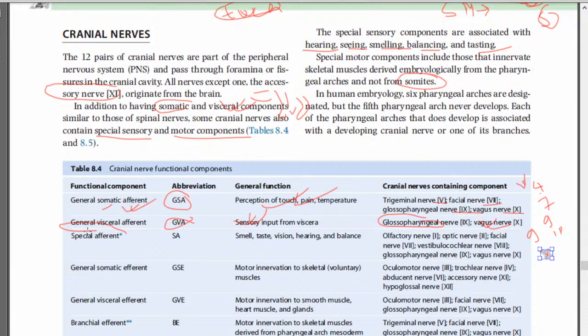Special afferent covers taste, vision, hearing, and balance.